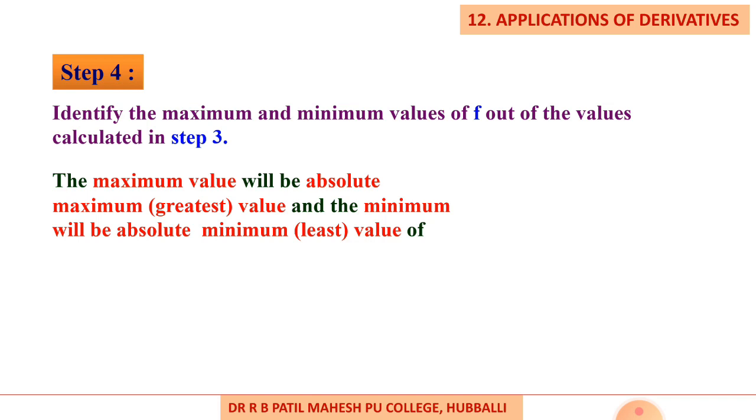The maximum value will be the absolute maximum, that is the greatest value, and the minimum will be the absolute minimum, or the least value of f of x in the interval a comma b. So students, while calculating absolute maxima and absolute minima, the function as well as the interval will be given.